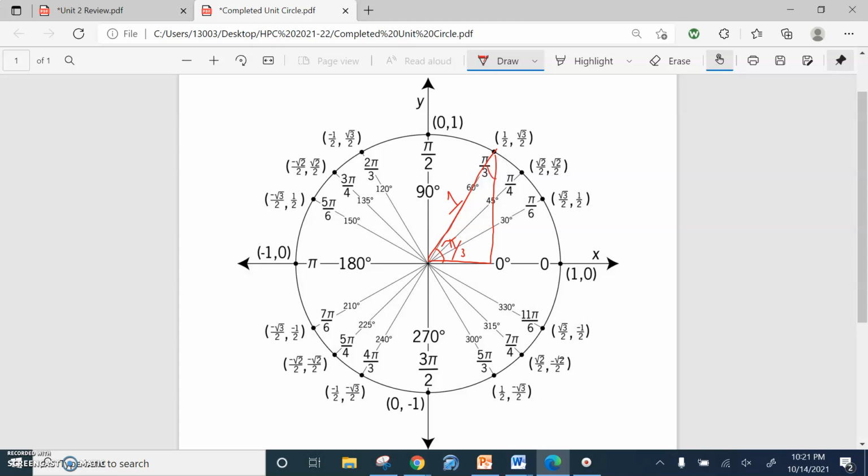We have the complementary angle, I think it's called. Anyways, the other angle of this triangle is 30 degrees. And when we have a 30, 60, 90 triangle, we have 1/2 on the short side, and square root 3 over 2 on the longer side, and then of course 1 on the longest side, the hypotenuse.